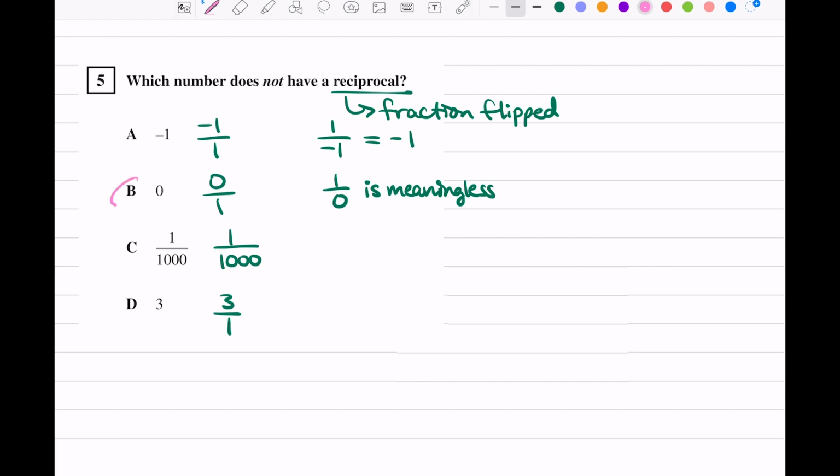So our answer would be B. Let's go ahead and consider the last two options. So the reciprocal of 1 over 1000 would be 1000 over 1, and that just equals 1000. And the reciprocal of 3 over 1 would be 1 over 3. So A, C, and D, these options all have reciprocals. The only one that does not would be option B.